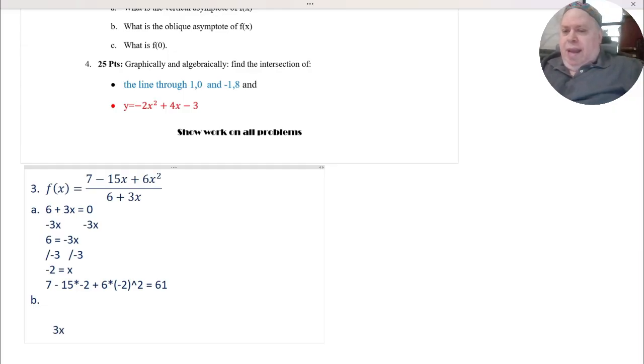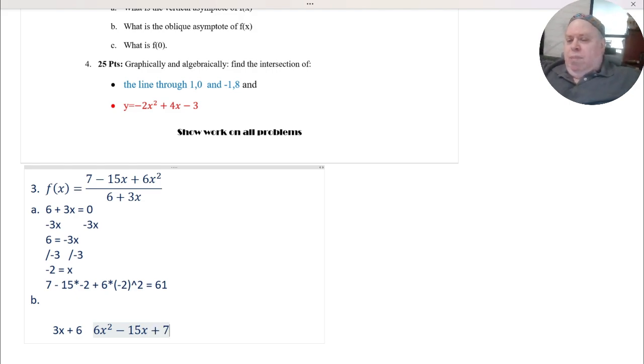So we want 3x plus 6 instead of 6 plus 3x, and then we want to divide that into 6x squared, then the x term, minus 15x, and then the plus 7.